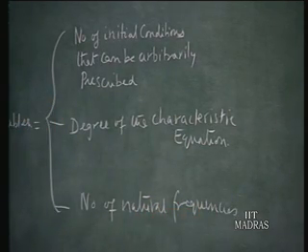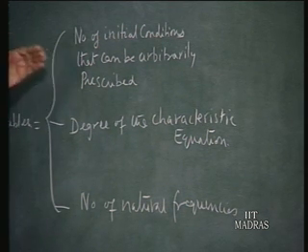As you know, the roots of the characteristic equation are the natural frequencies. So all these are one and the same. So the state of a system is characterized by n variables, where n is the degree of the characteristic equation, is the number of natural frequencies, and is also equal to the number of initial conditions that you can arbitrarily prescribe. That means other initial conditions, if there are any, can be derived from these n independent initial conditions.